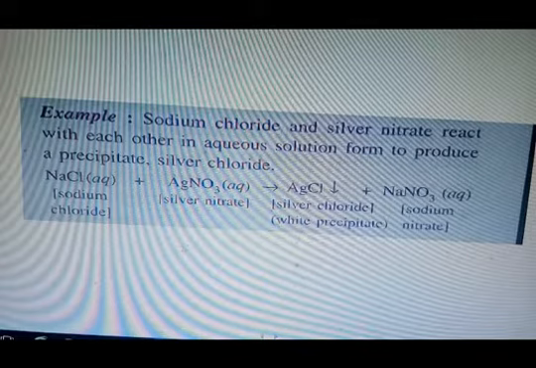Then you can see two test tubes with two solutions, one sodium chloride solution, one silver nitrate solution, and aq here means solution, this is the solution where the solvent is water.